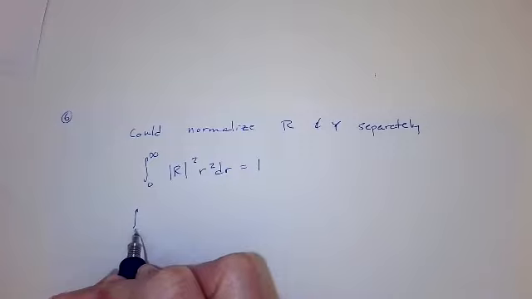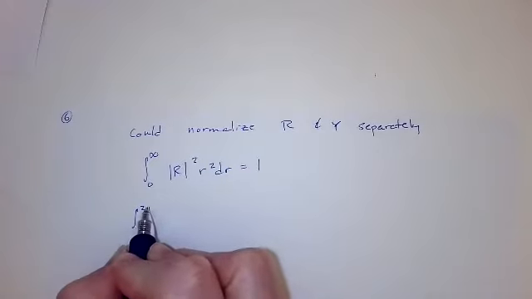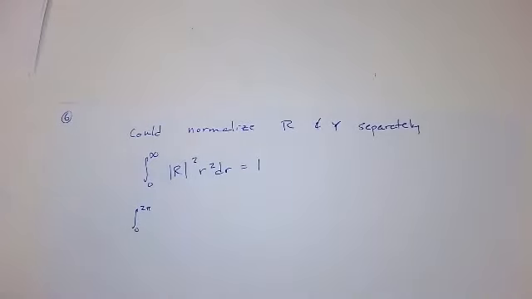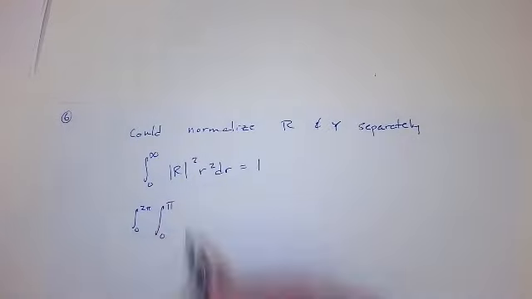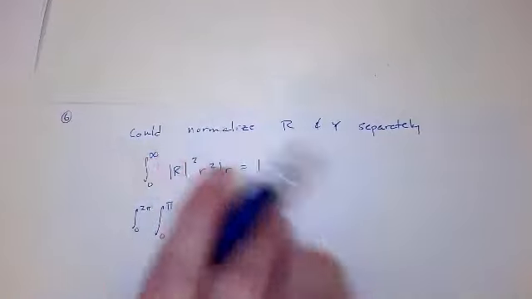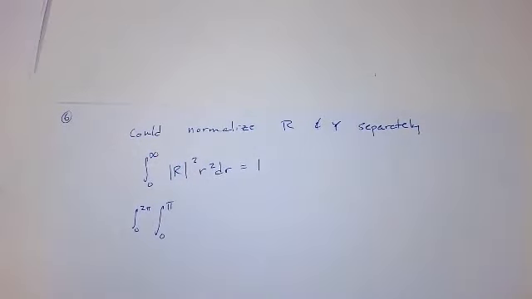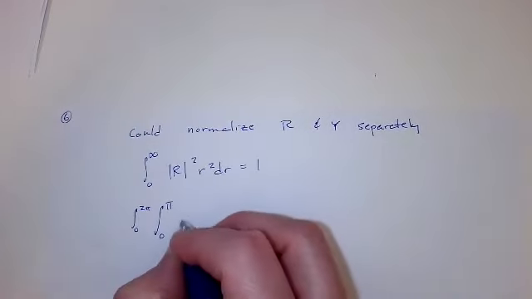Then again, if we are over all space, our phi goes a full circle in the xy plane, so it goes from 0 to 2 pi, and our theta goes from 0 to pi, so from the positive to the negative z-axis, and that would describe a full circle.